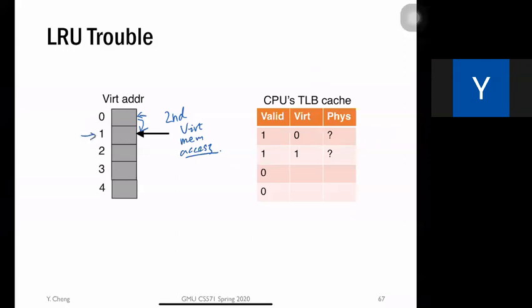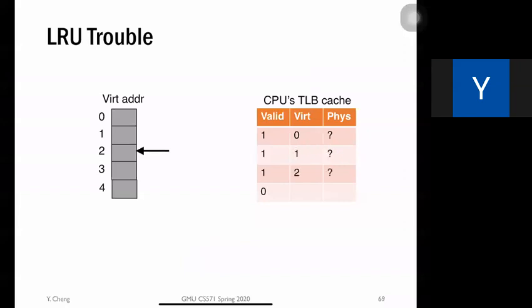Okay, so there's another TLB miss, and you flip the valid bit from 0 to 1, and you populate the corresponding translation information with the virtual page number as 1, and however the physical frame number is, we don't care. Okay, it's just a question mark, leave as is. So there's another TLB miss.